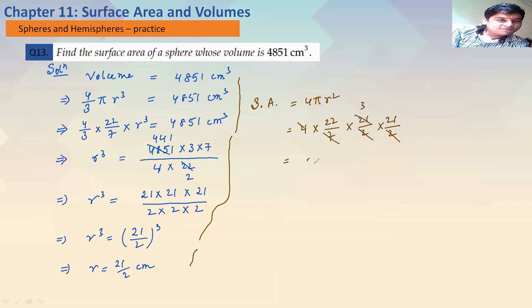So we have 22 multiplied by 63, right? What is it going to give us? 1386. Centimeter square it has to be, right? Yeah.